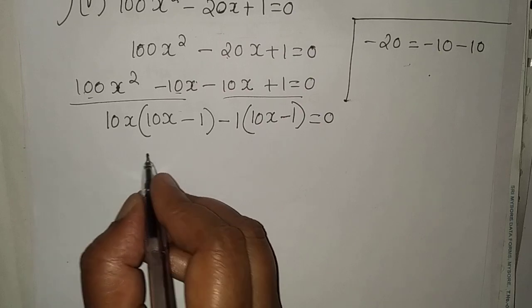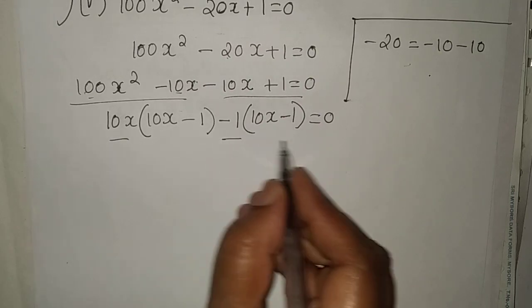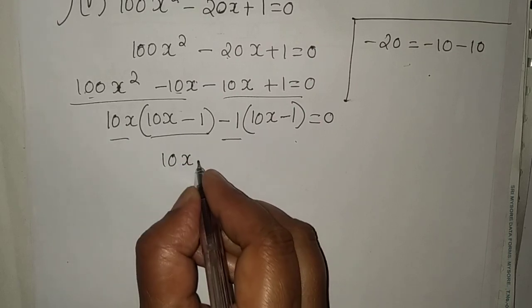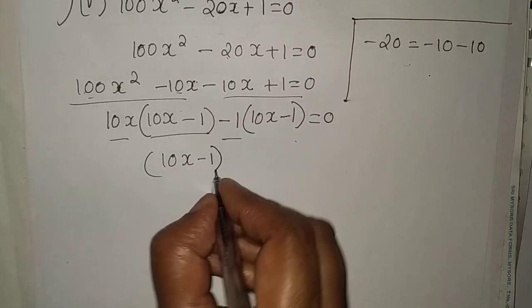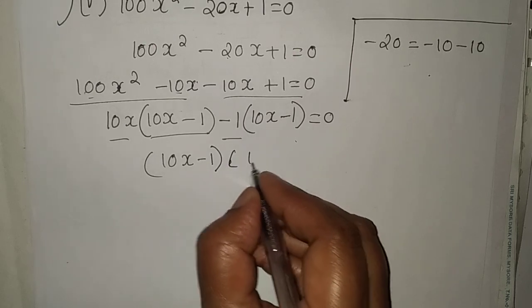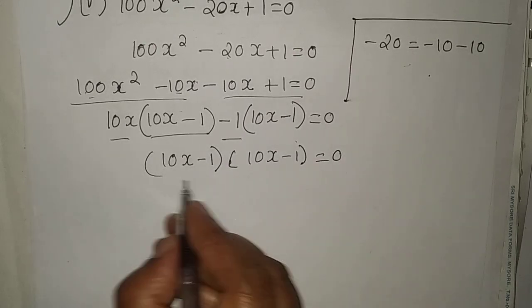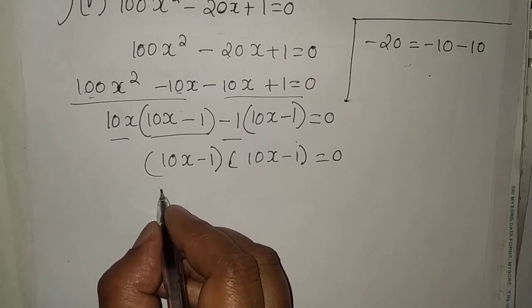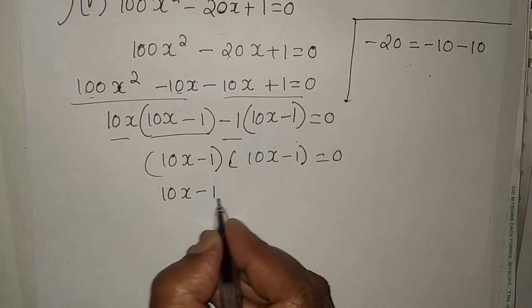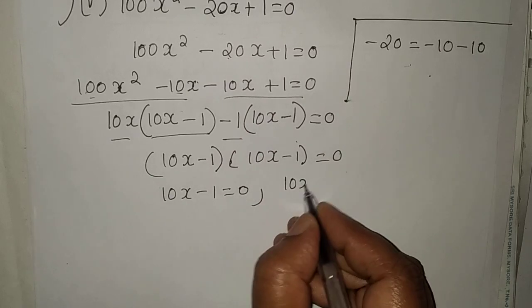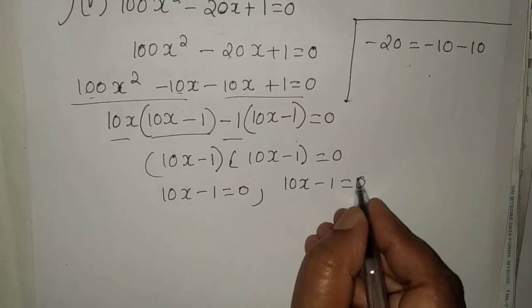So after this we have again 10x minus 1 and 10x minus 1, which is equal to 0. So here we can take it as 10x minus 1 is equal to 0 and 10x minus 1 is equal to 0.